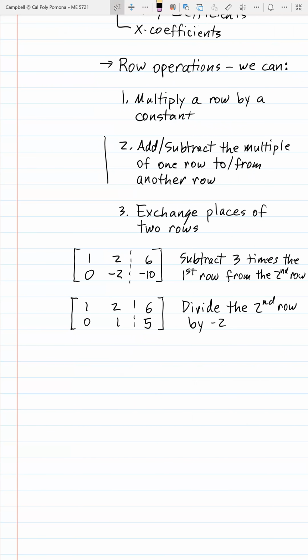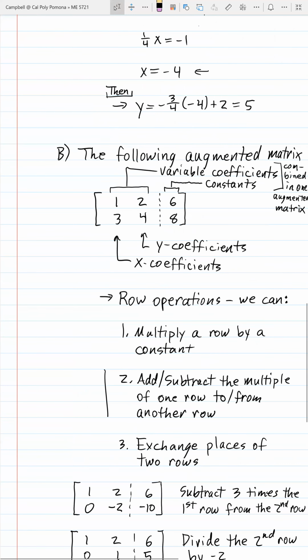Now, this is a pretty important structure because one of the things that you can immediately see, and maybe you even caught on with what I have up here with y is equal to 5, you can immediately see that 0 times x is 0 plus 1 times y is y. So all I get is y, and that's equal to 5. And so I can immediately see that y is equal to 5. And then in this form, what could I do?